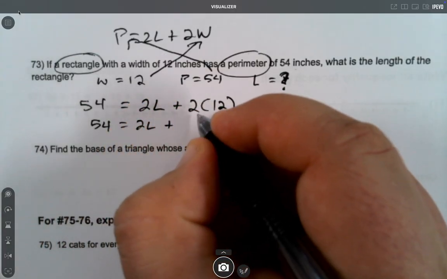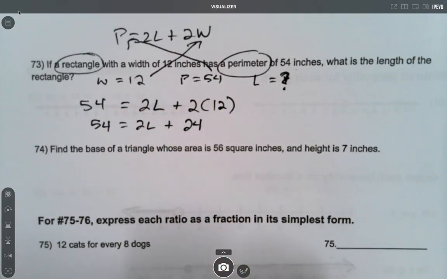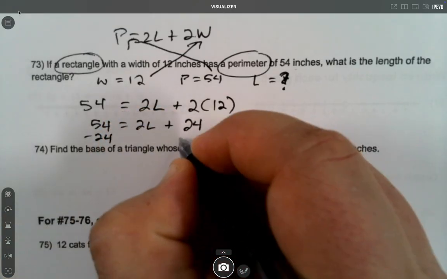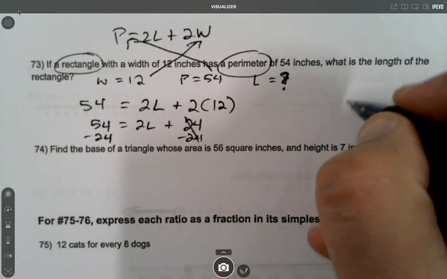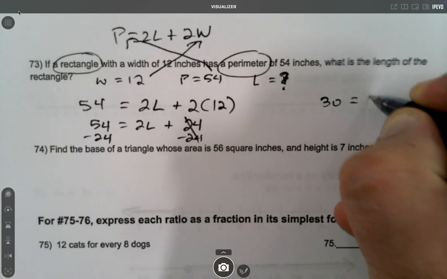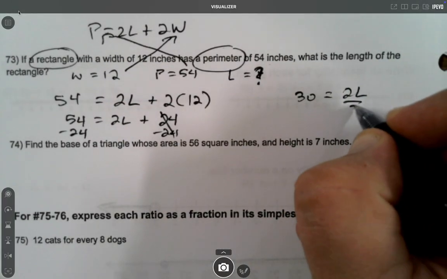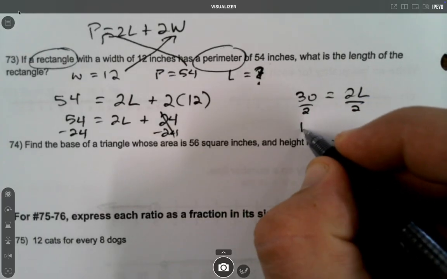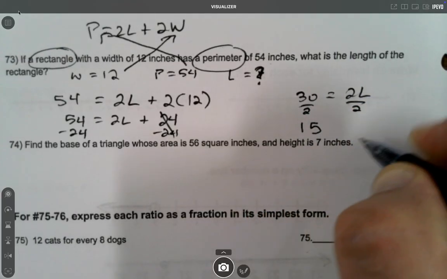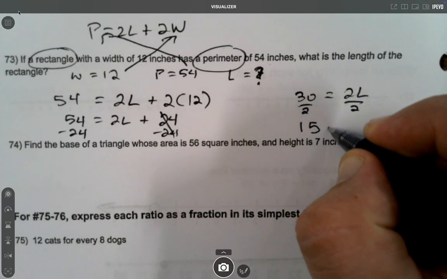We double the 12, 2 times 12 is 24, then we subtract 24 from both sides. That gives me 30 equals 2L. Then I divide both sides by 2, so I get that the length is 15 inches.